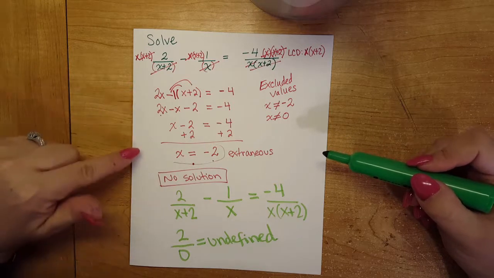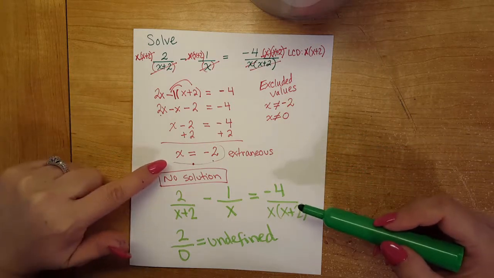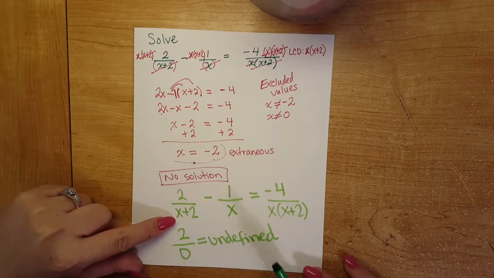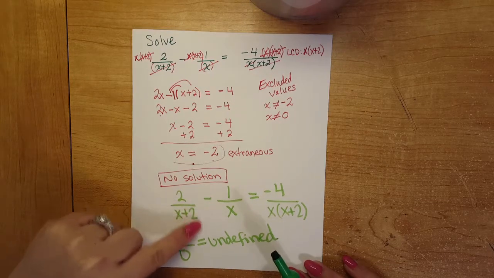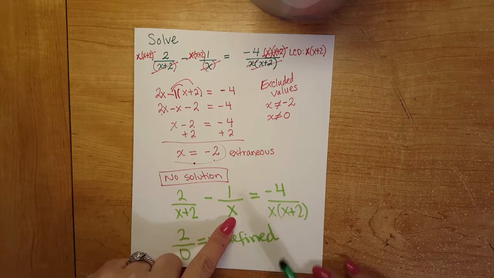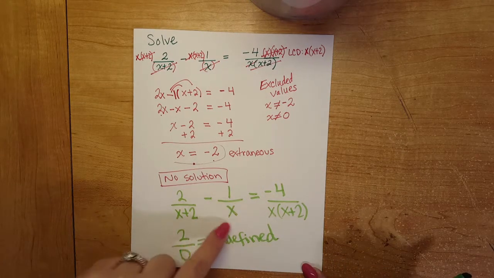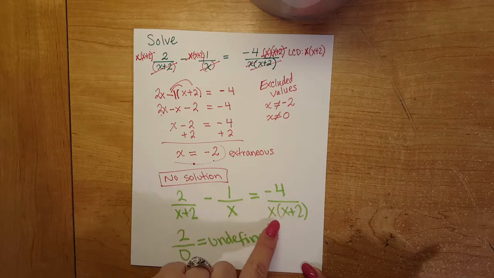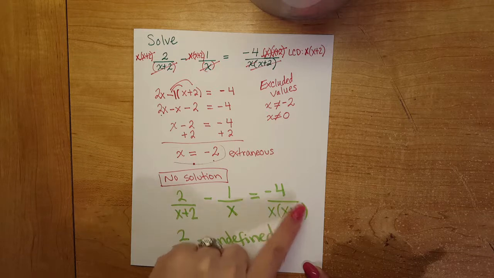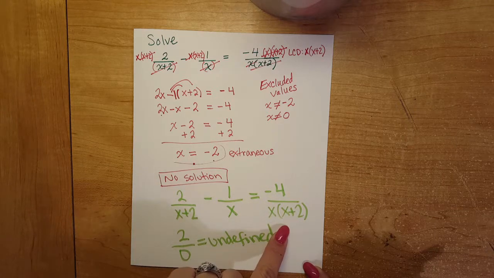For this particular problem, when x is equal to negative 2, if we plug it into our equation, we get negative 2 plus 2, which results in a 0 in the denominator. Here, if x is 0, that results in a 0 in the denominator. On the last part, whether I have 0 or negative 2, that will result in a 0 in the denominator.